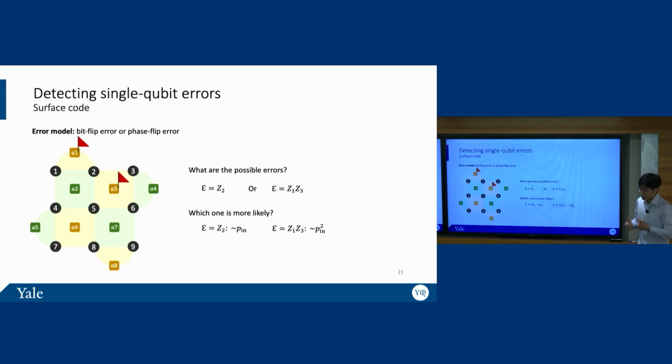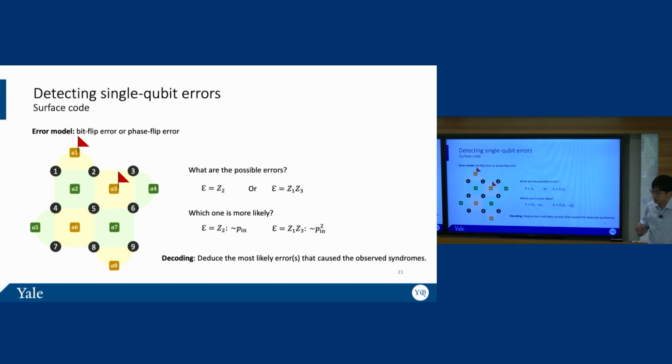Identifying the most likely error is the process of decoding. Use the syndrome information, which is only partial information of what's happening, to infer the most likely cause. So the process of decoding is trying to figure that out.